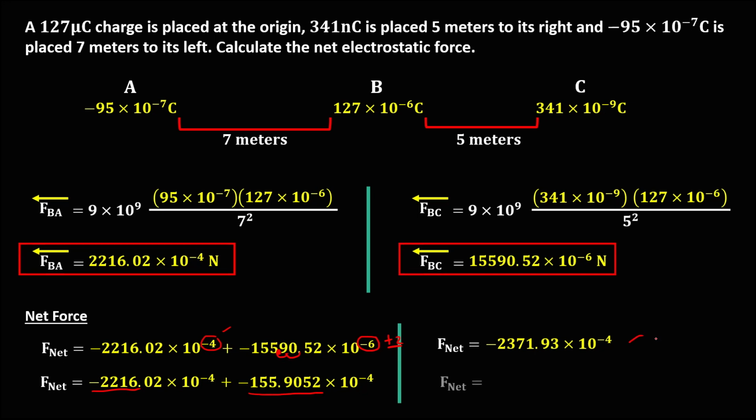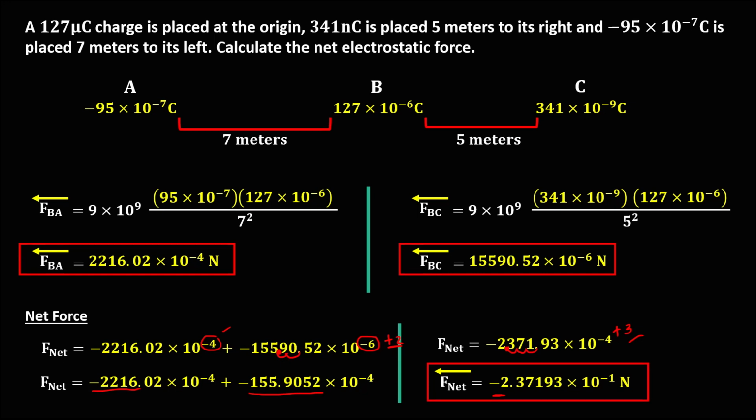Then to write this in standard scientific notation, we need to move 1, 2, 3, so plus 3. And this is equal to negative 2.37193 times 10 to the power negative 1, because negative 4 plus 3 is negative 1 Newton. And since the net force is negative, the direction is to the left. So this is now the net force for these three charges.